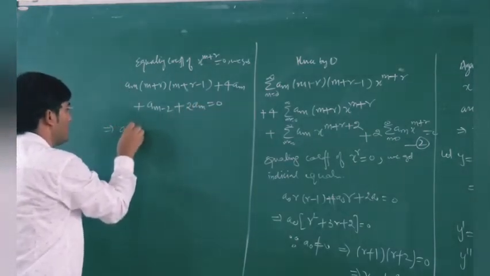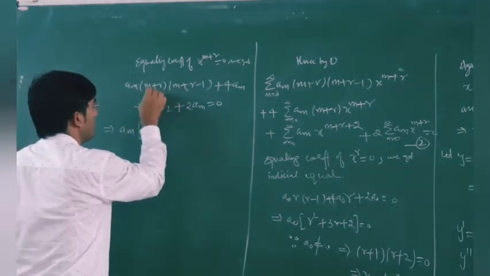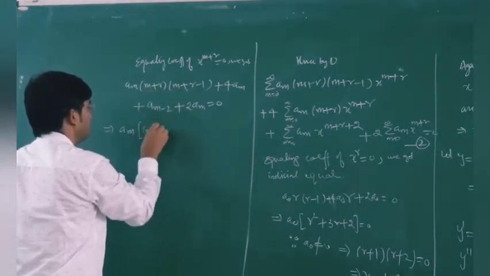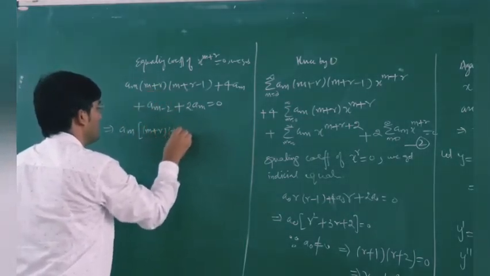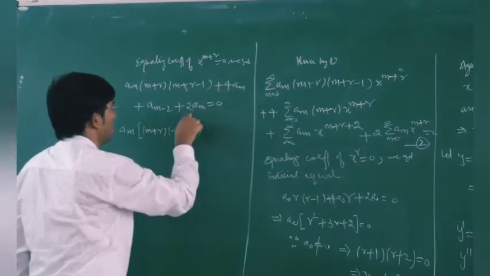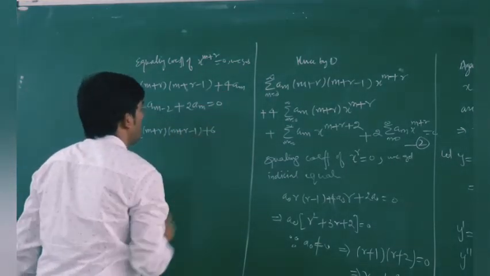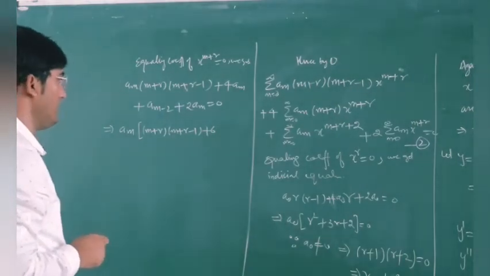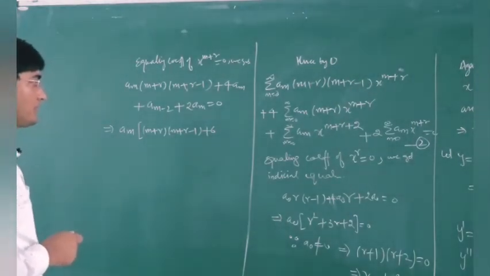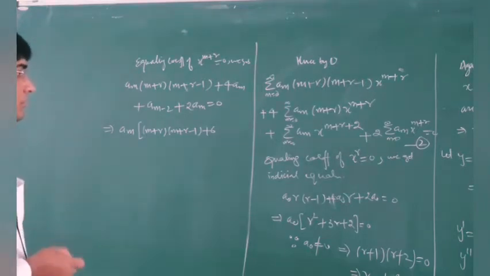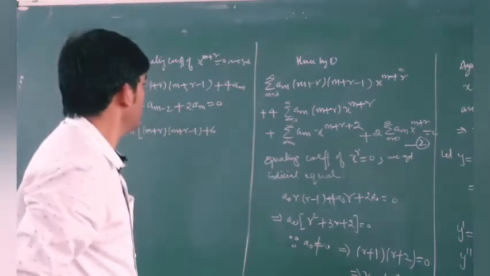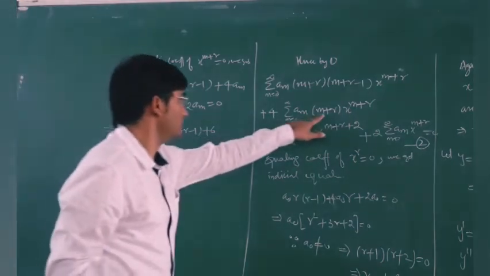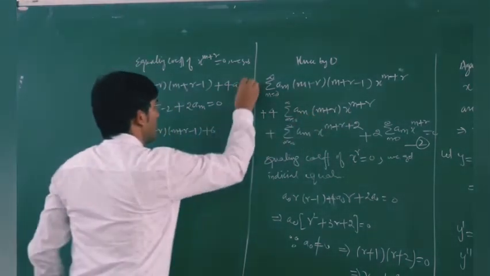Now let us take the coefficient of am common, then this will be your m plus r into m plus r minus 1, then we will have 4 plus 2, 6 am. Let me check again, we have forgotten the term m plus r here, so we have m plus r.